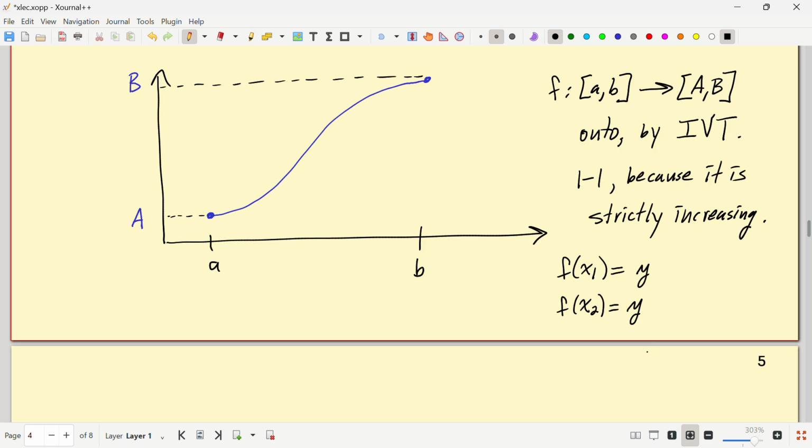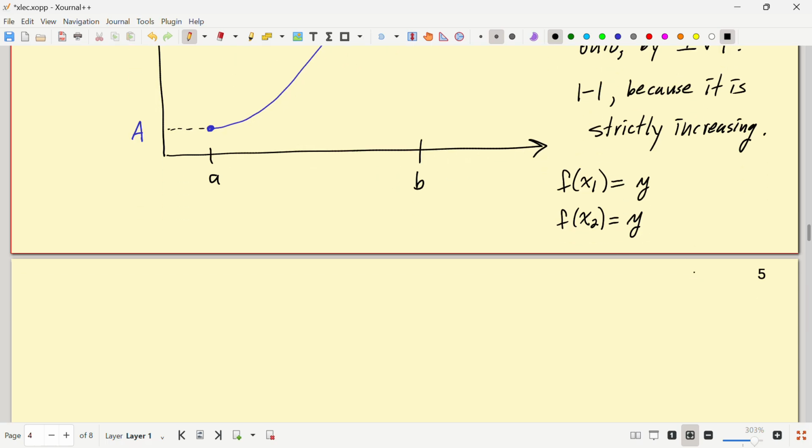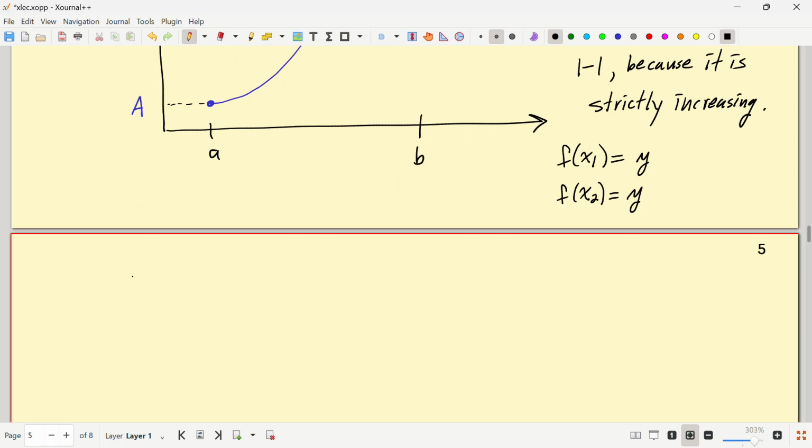I have two things that equal y, and if x1 is unequal to x2, I can choose so that x1 is the smaller.